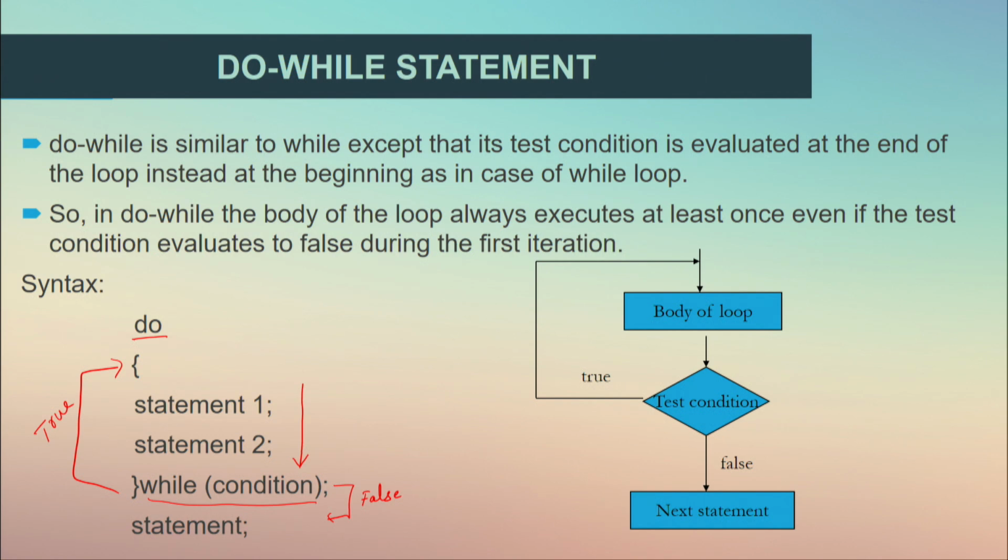But the condition will be checked only at the end of the execution of the loop for the first time. So, for the first time, whether the condition is true or false, the body of the loop will be executed. From the second time onwards, the loop will be continued based on the condition value, whether it is true or false.